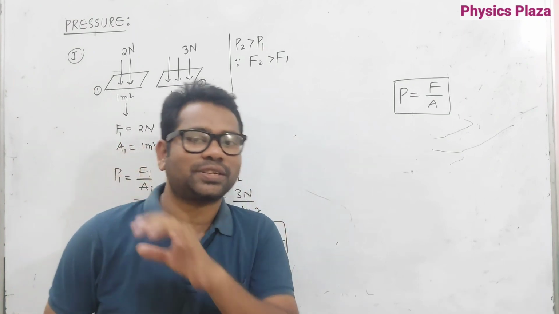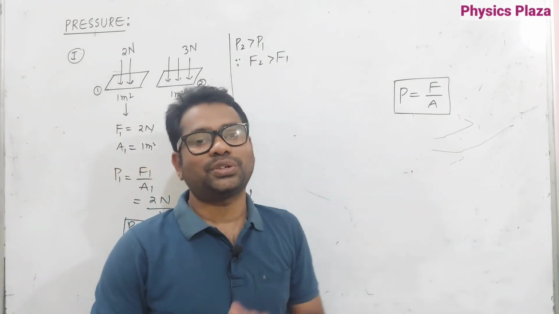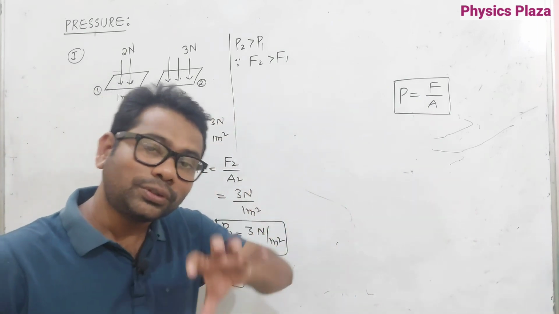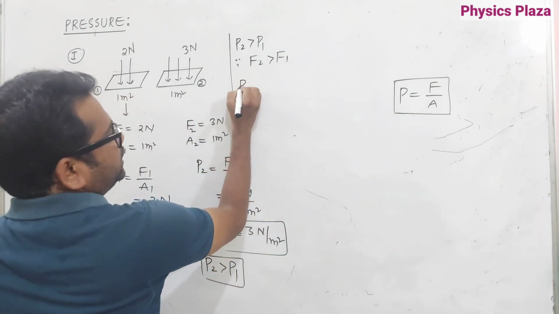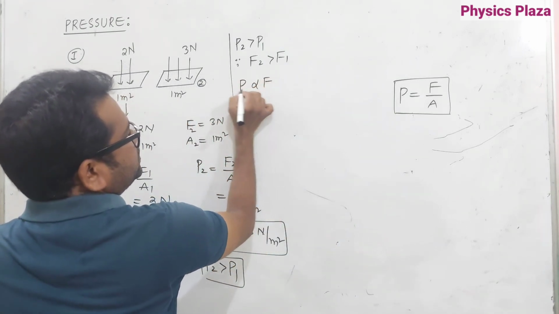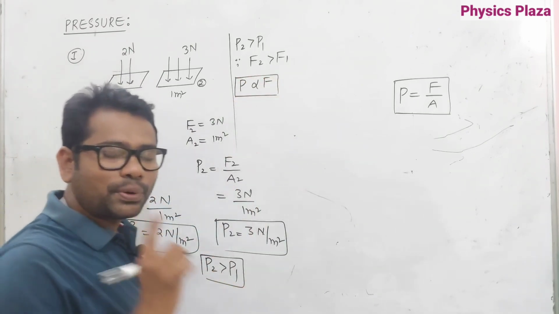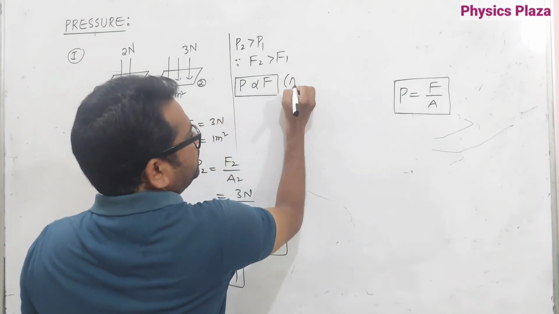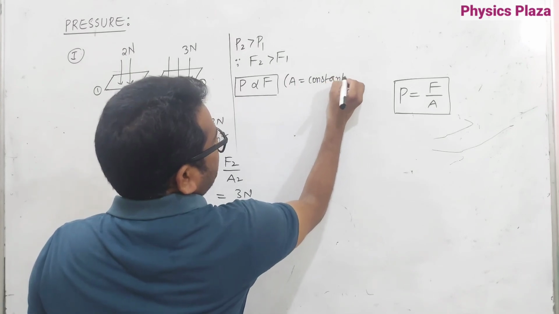It is the thrust. More the thrust, more the pressure. Less the thrust, less the pressure. So how are both related, children? Can we say that pressure is directly proportional to force? Yes, you are right. Pressure is directly proportional to force for a given constant surface area.